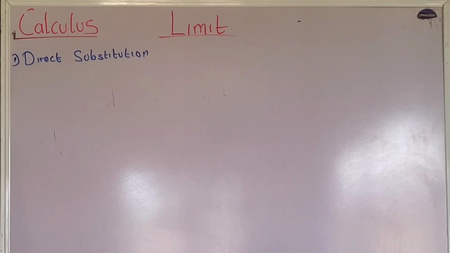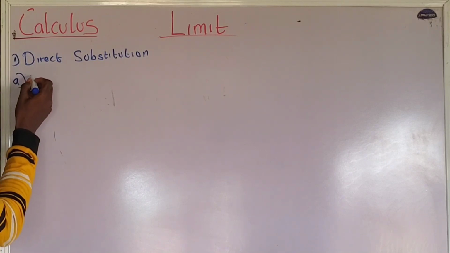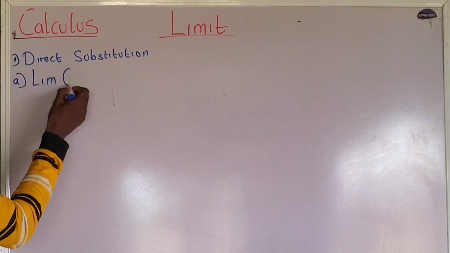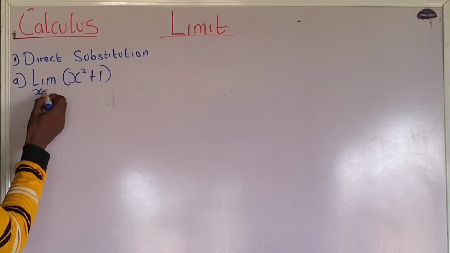Let's say you are asked to evaluate the limit of the following function. Evaluate the limit of the following function: limit of x squared plus 1 as x tends to 1.